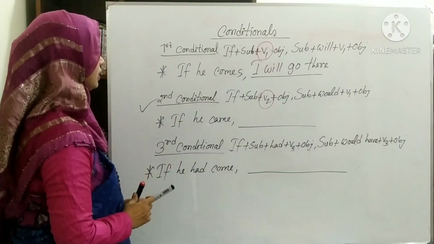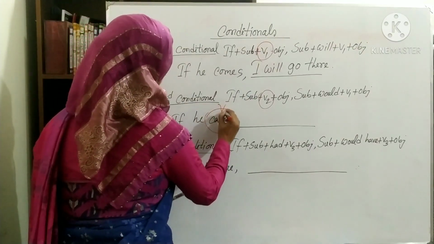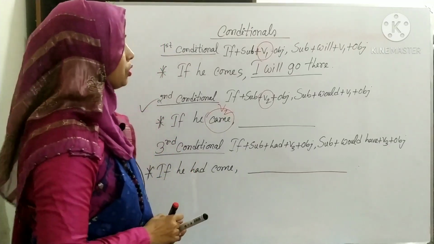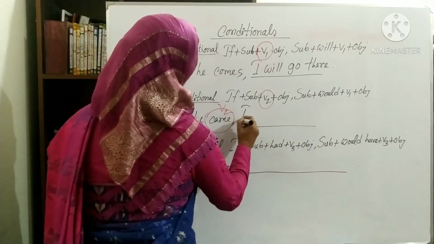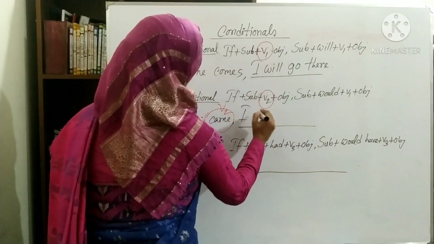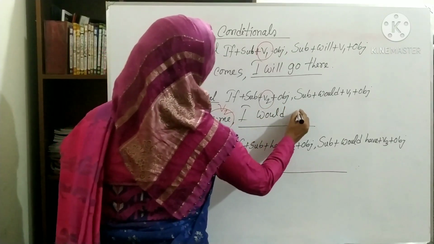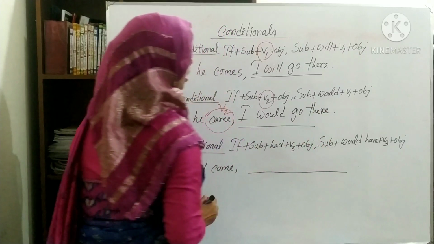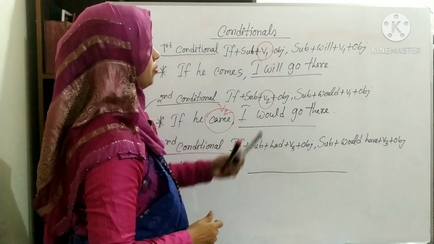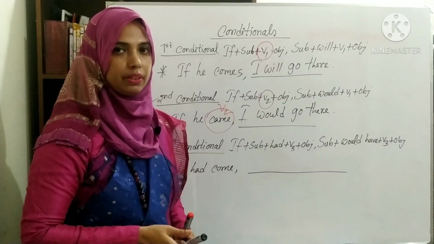Our sentence is if he came. So here is the verb in past form. So our answer will be: if he came, I would go there. And you know that after a modal verb, the main verb always remains in present form.